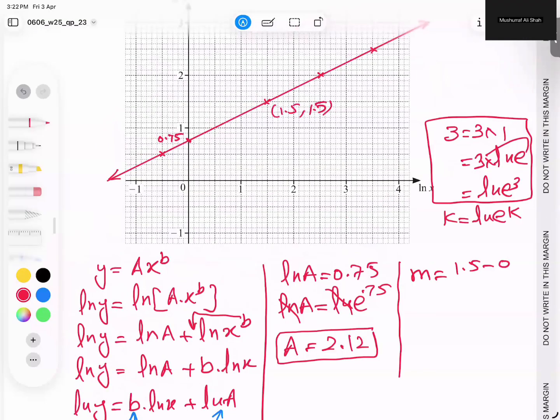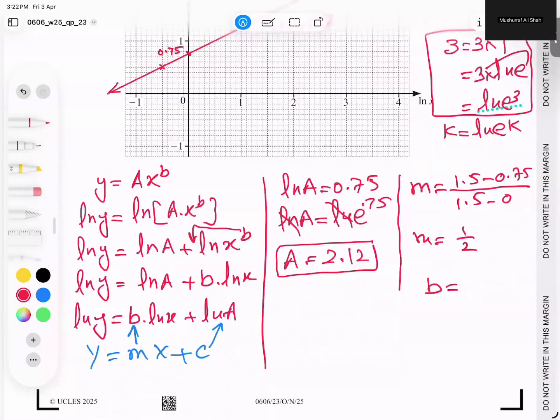If I subtract, 1.5 minus 0.75 divided by 1.5, I'm getting a gradient of a half, and that is equal to b. So we can say b is equal to 0.5. Alhamdulillah. I hope the concept of the question is completely clear, how I got the A and B values.